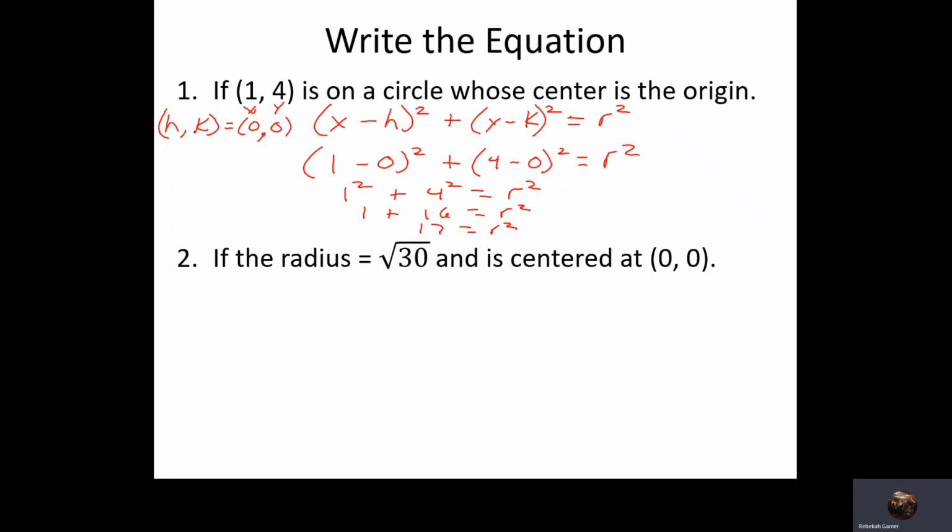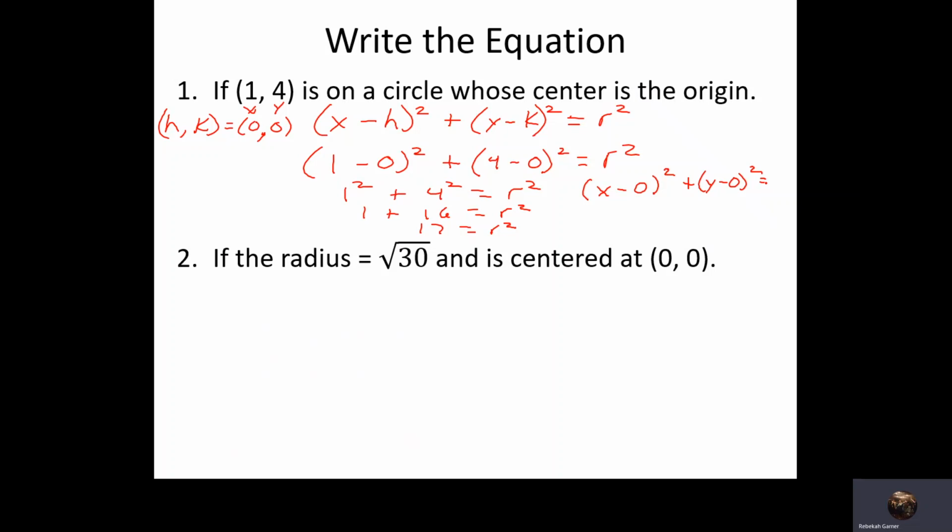So now it says we have to write an equation. I'm kind of out of room, but really there's only one more step left, and that is to plug my center in. So I'm gonna plug my center back in: X minus 0 squared plus Y minus 0 squared equals R squared. Now, do I have to take the square root here?